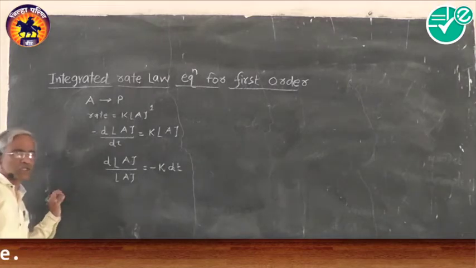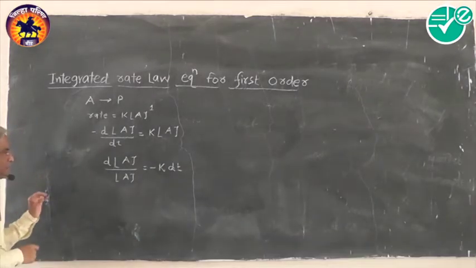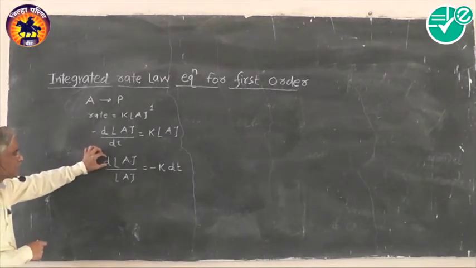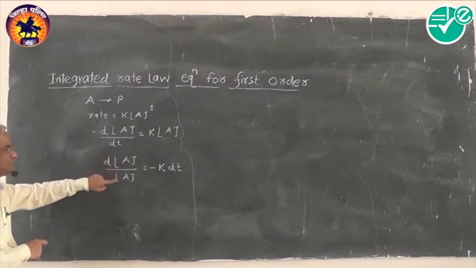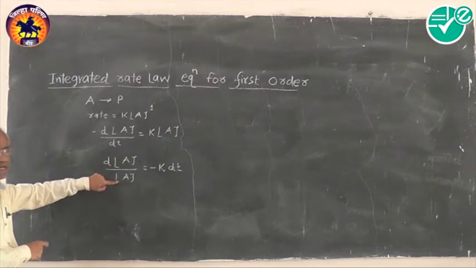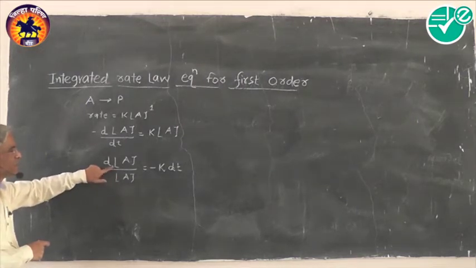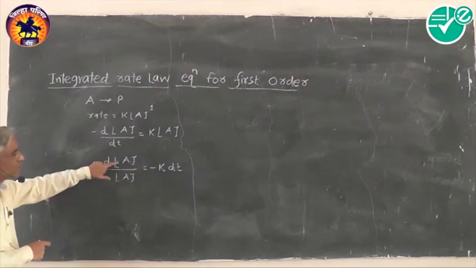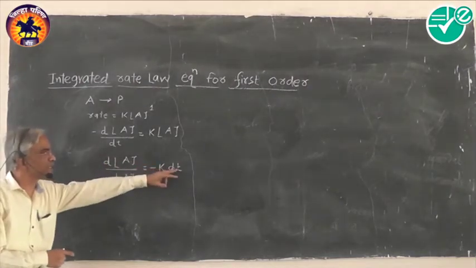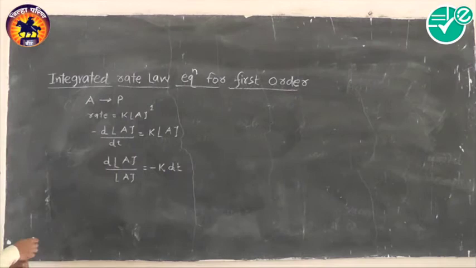I am doing it to integrate the equation, because the rate of change of concentration will depend upon the concentration of the reactant, and we have to correlate the concentration with respect to time. Therefore we are rearranging the equation.